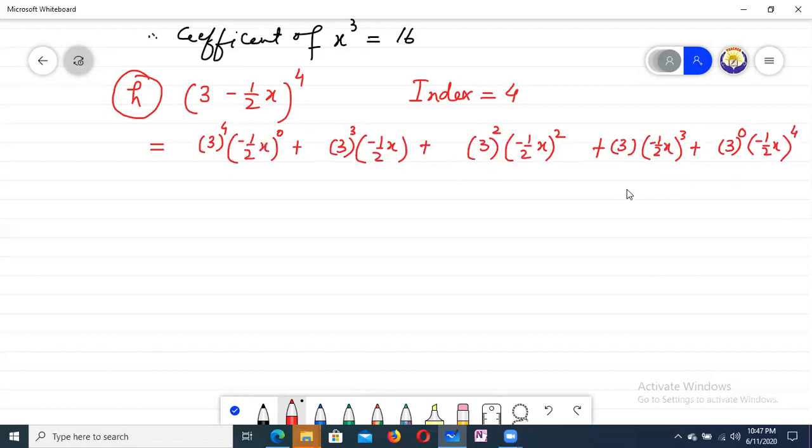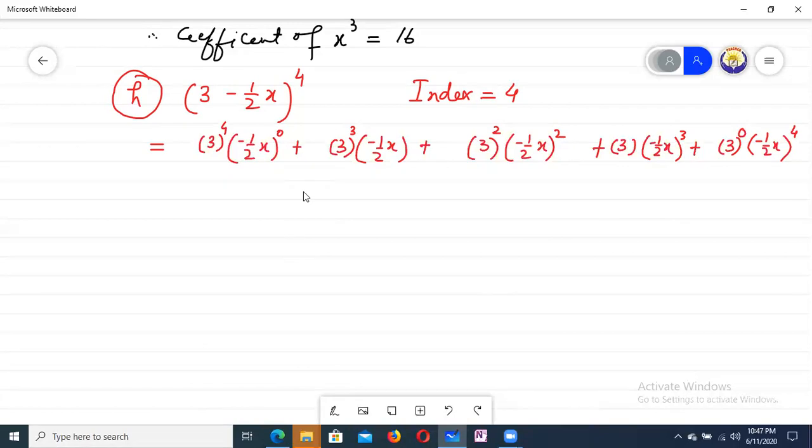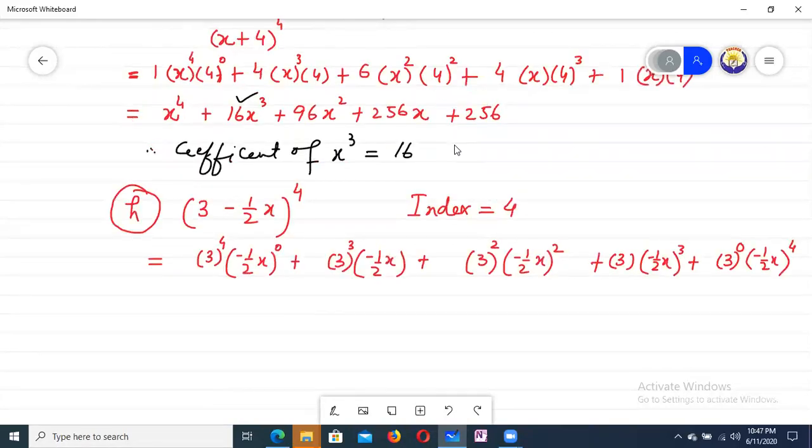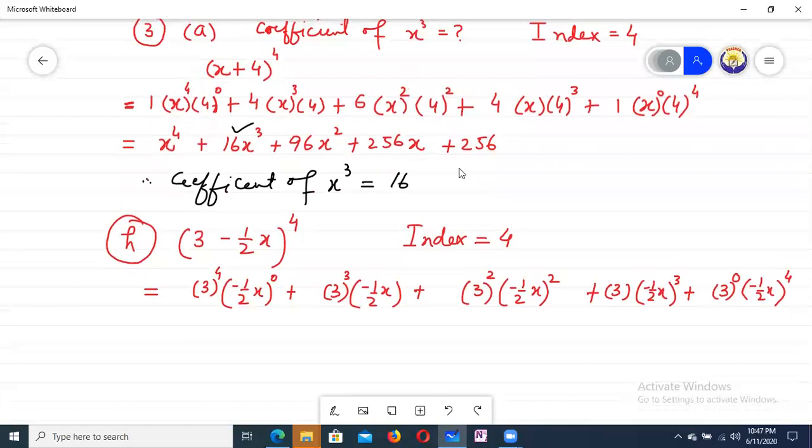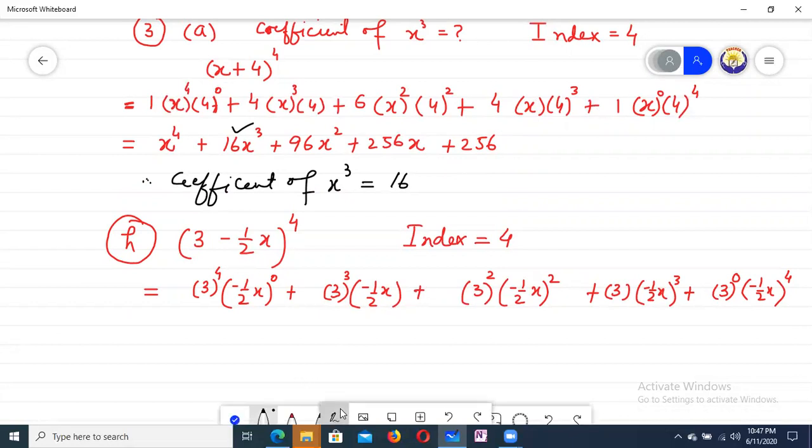Now we'll write the coefficients. How can we write the coefficients? As in the previous part, the coefficients were the same. As there is also index 4, the coefficients will be the same. Fourth row of the Pascal triangle, here is 1, 4, 6, 4, 1. Same coefficients we will use here.